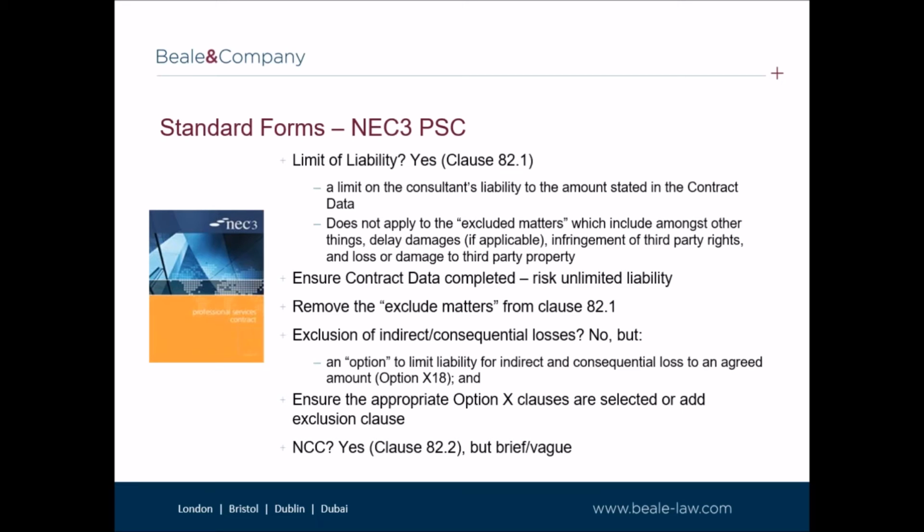Whilst I have come across some consultants who accept that this is the norm, the amounts payable in respect of these excluded matters will be unlimited and will be payable in addition to any aggregate amount agreed in the contract data. In my view, the preferred position is to therefore ensure that the excluded matters are removed from Clause 82.1 as an amendment to the NEC 3 PSC.